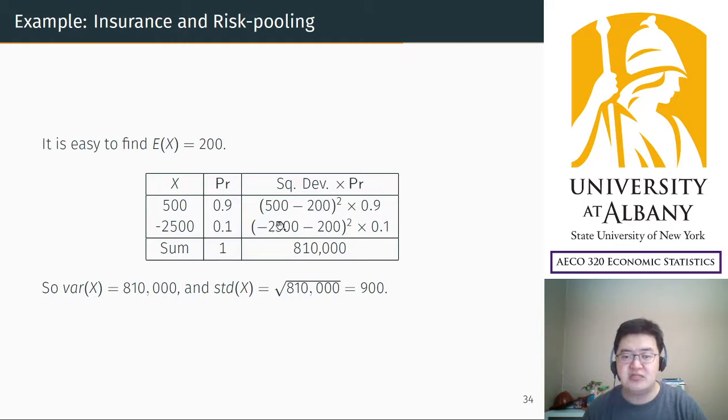These are deviations, and you square them, then multiply by the probability, and if you calculate these numbers and sum these two numbers, then you get 810,000 as the variance. And you have a calculator, so it's not that difficult.